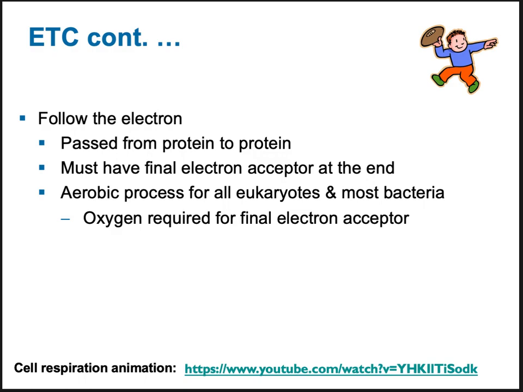Okay, most, if not all, eukaryotes are using aerobic respiration, and even a lot of bacteria also use aerobic respiration. It produces more ATP than anaerobic. Some bacteria do, however, use anaerobic respiration.